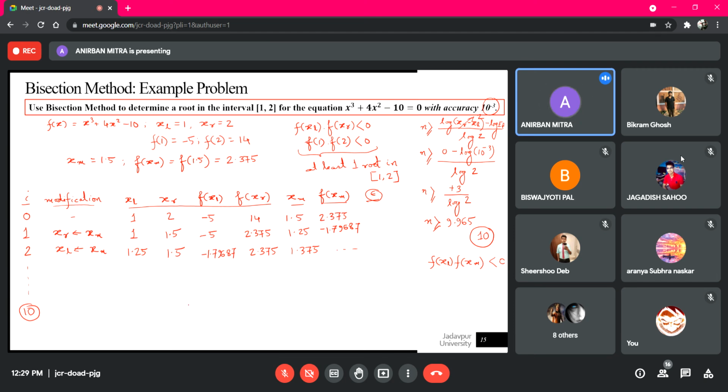One of the exact roots is 1.36523, something like that. That is the exact value. You can see that we have already come up to 1.375 after 3 iterations. But it will require 10 iterations to achieve the provided accuracy.